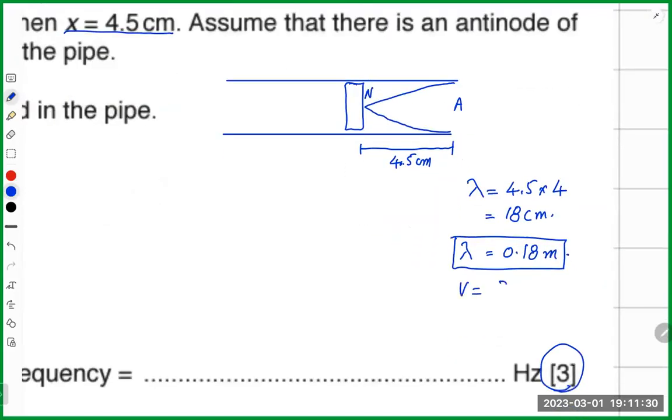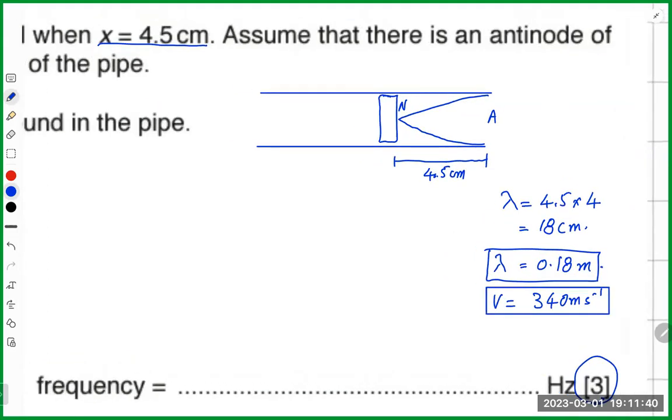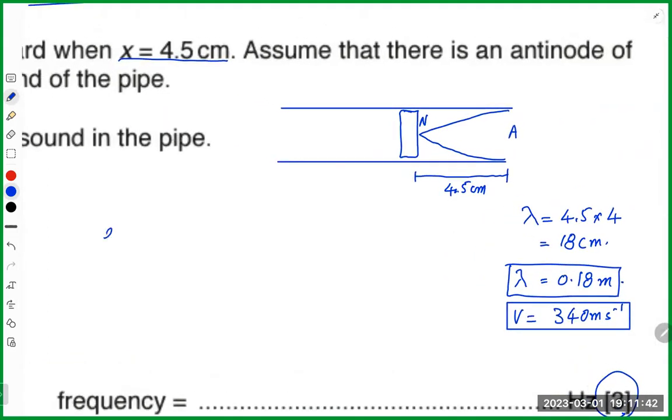V equals 340 meters per second. Can we use this information to find f? Is there any relationship between v, f and lambda?